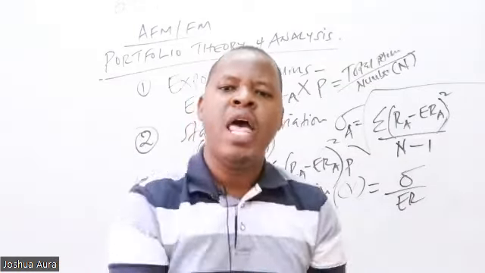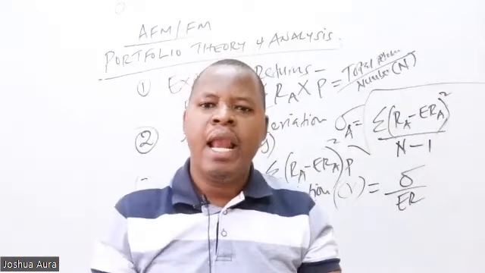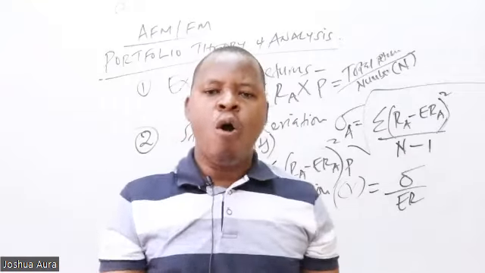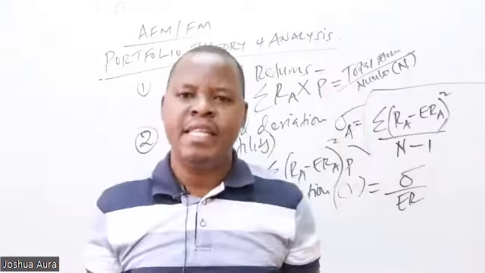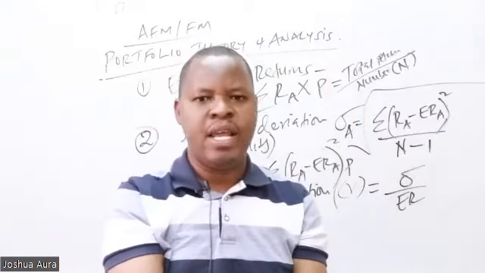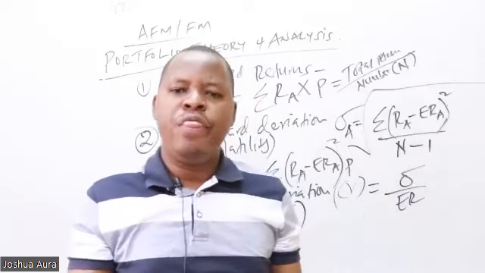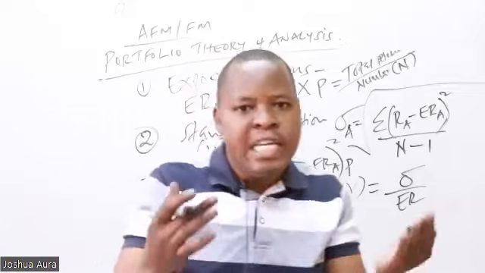For example, if you have received your pension money, let's say 5 million, you cannot take the whole of 5 million and invest that amount in real estate. There are risks which are involved.